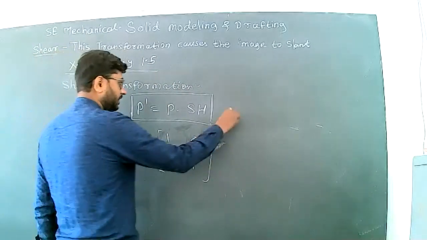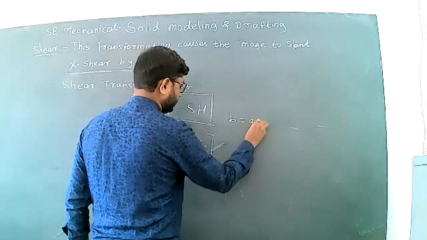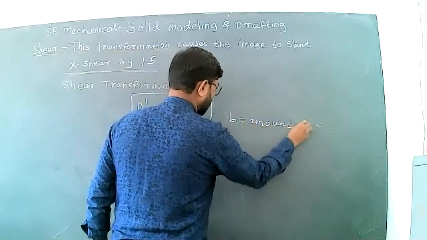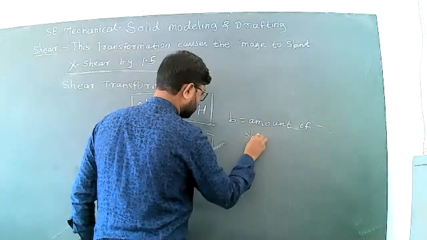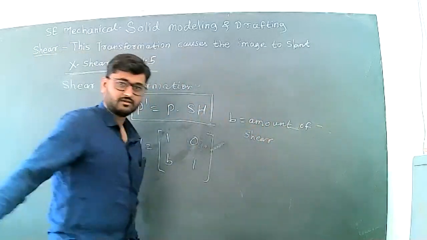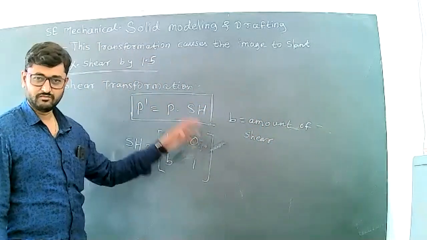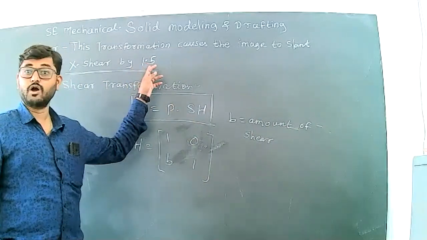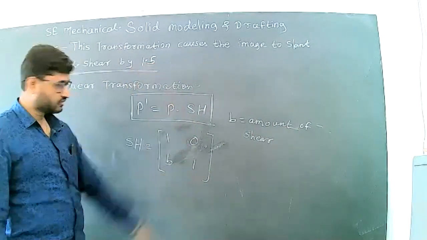Here, what is b? B is nothing but the amount of shear along the x-axis. Here we consider the amount of shear as 1.5.